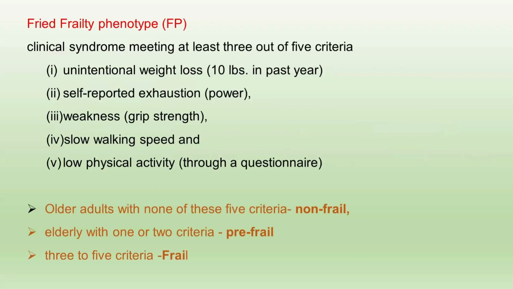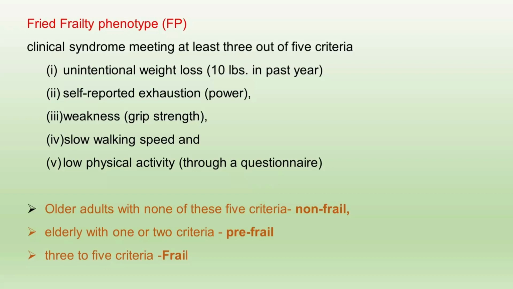So what we are interested in is the Fried Frailty Phenotype, that we can use very easily in our patients to screen for the frailty. It depends on 5 criteria. The first is unintentional weight loss. Second, self-reported exhaustion. Third, weakness. Fourth, slow walking speed. And the fifth is low physical activity.